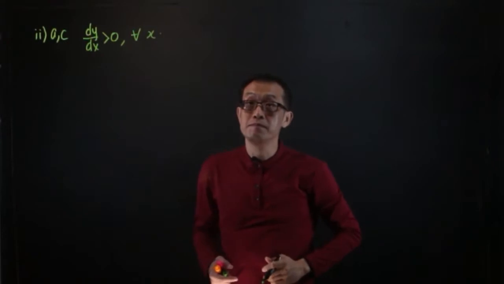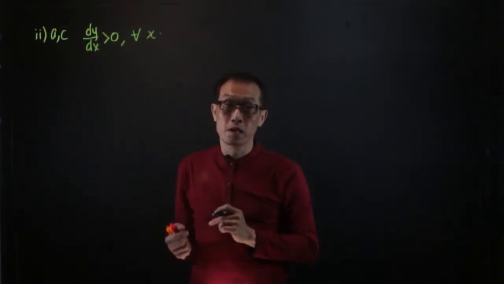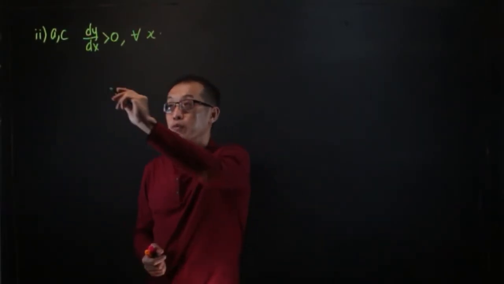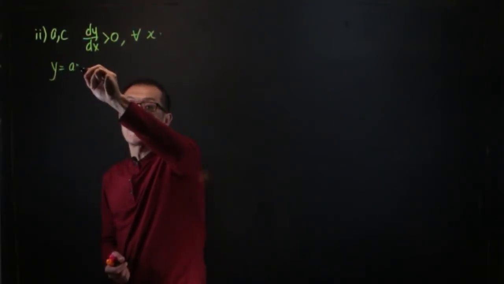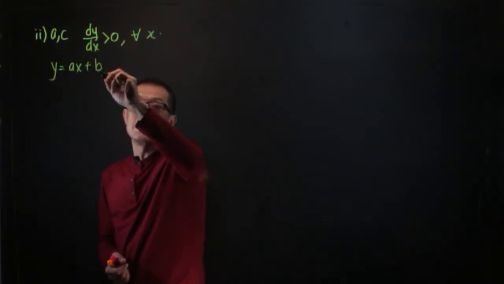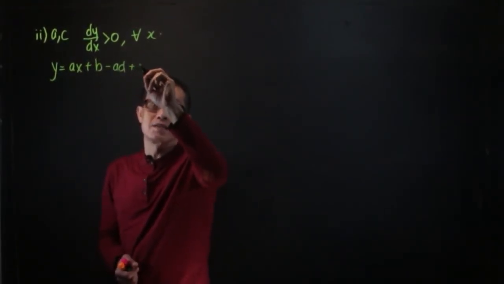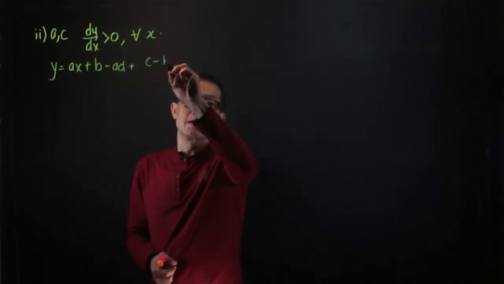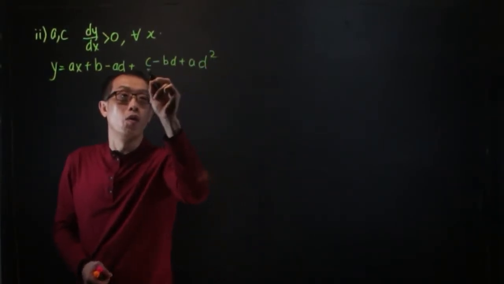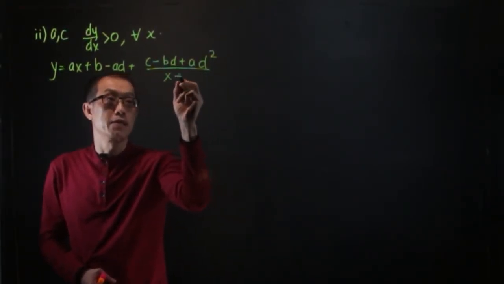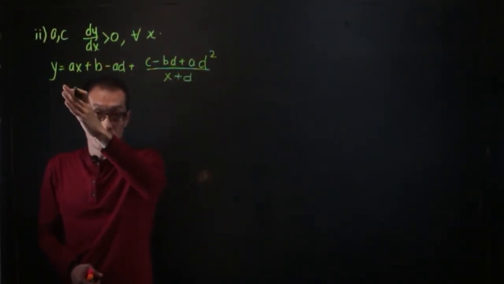How do we approach this? We find that y equals ax plus b minus ad plus (c minus bd plus ad squared) over (x plus d). We were given a graph, and we did a long division, and this is what we get.